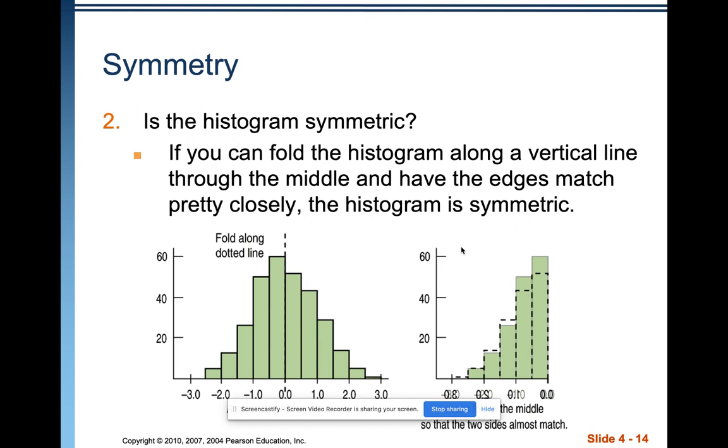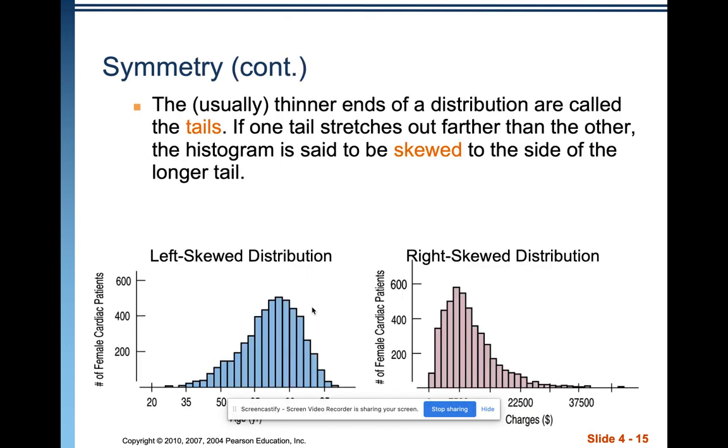In other words, the left half of the data and the right half of the data are roughly mirror images of each other. Remember, we're dealing with real data, and so perfect symmetry is almost impossible to have. Okay, we're looking for rough symmetry.